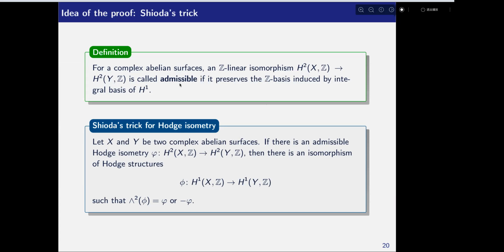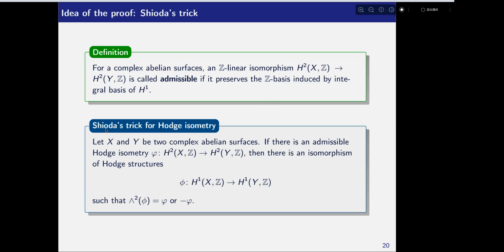It is admissible if it preserves the Z basis induced by the integral basis of H1, because the basis of H2 can be given by wedge products of the basis of H1. So we call it admissible. It will preserve such a basis.